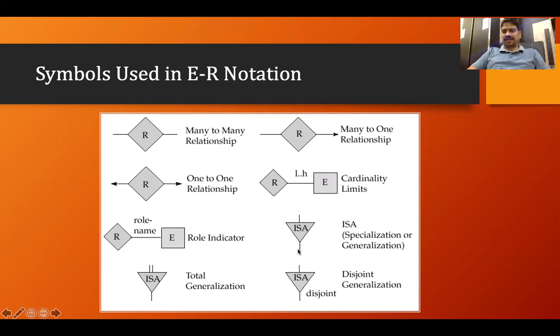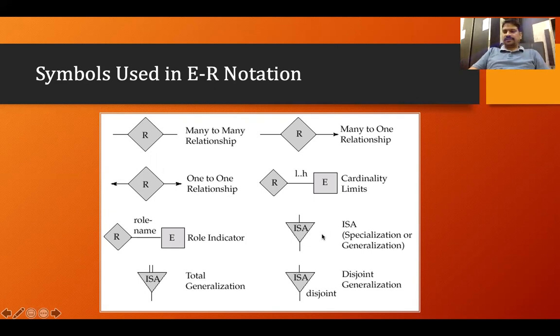Then we have some other type of symbol, as you can see, a triangle symbol that is telling you about specialization or generalization. And the two lines tell you about total generalization. About specialization and generalization also we'll see shortly.